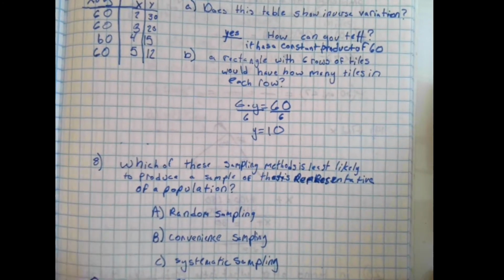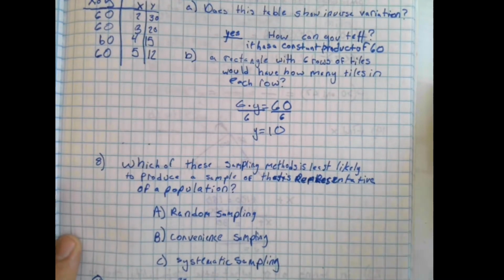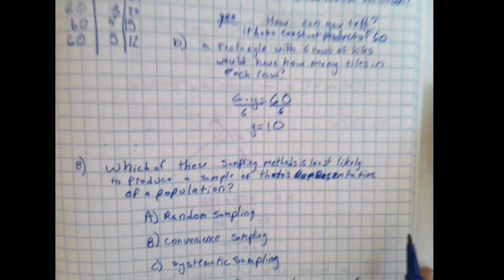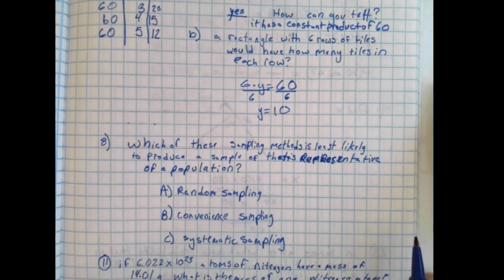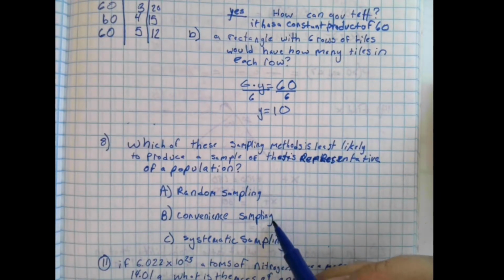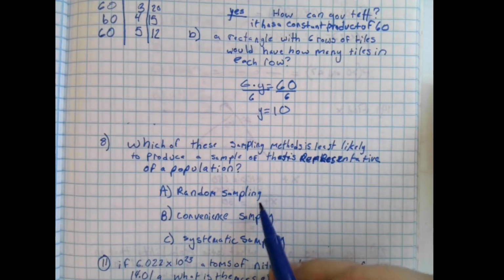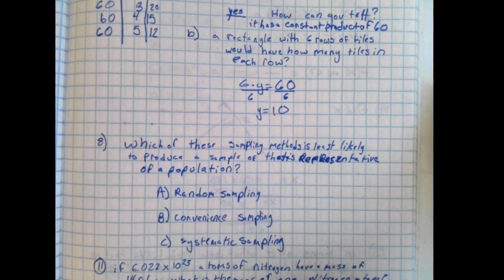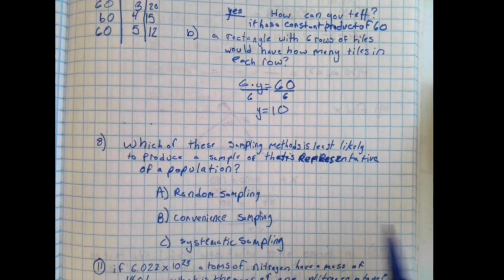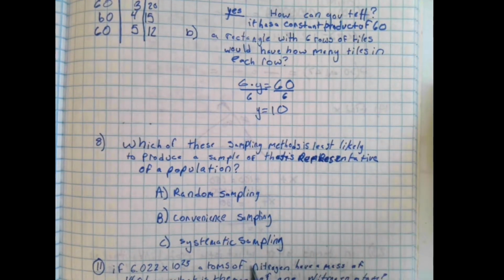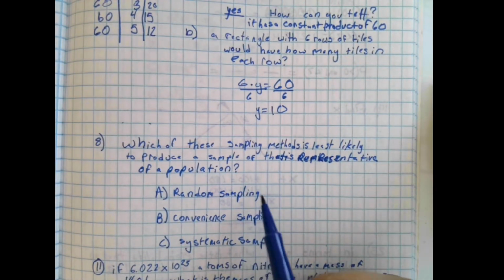Now, question 8 says, which of these sampling methods is least likely to produce a sample that's representative of the population? Our options are random sampling, convenience sampling, and systematic sampling. Now, random sampling is if you just go through and pick a bunch of random people and you don't have any criteria based on how you're picking them.